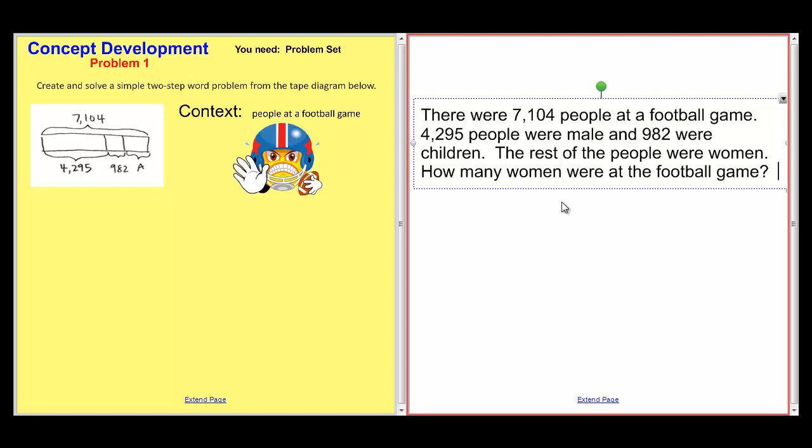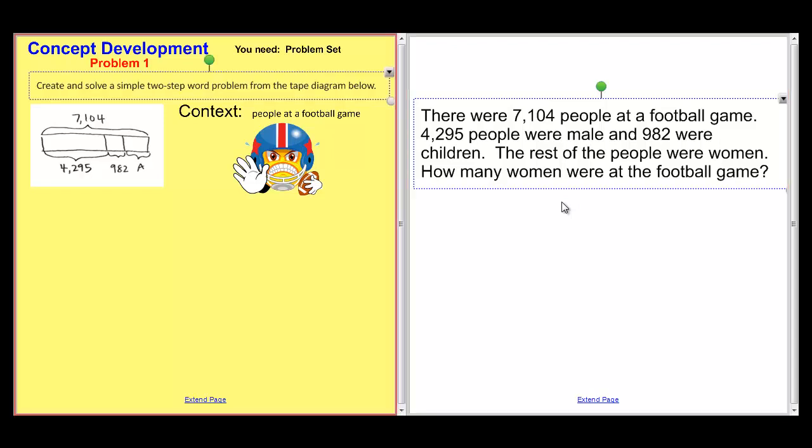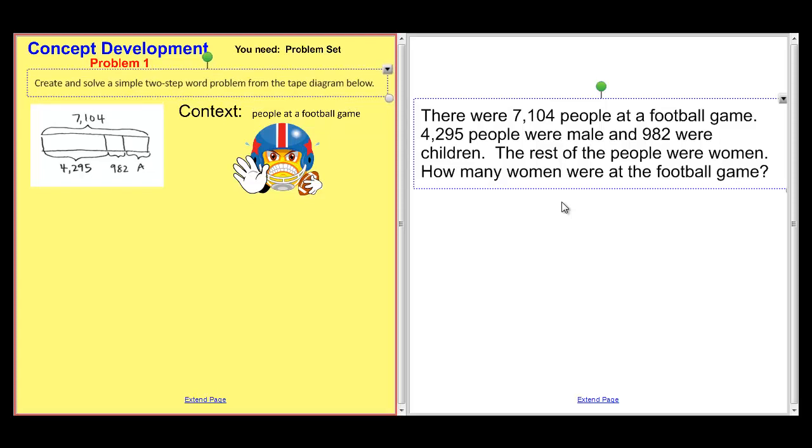If I were solving this problem myself, I would start with 7,104, and I would subtract 4,295 to see what was left. You could begin by adding your 4,295 and 982 together, because again, there's more than one way to solve this.